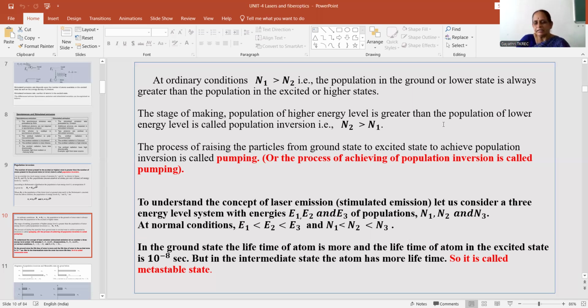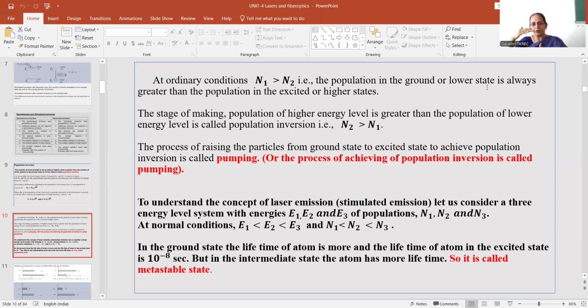In the ground state, the atoms have more lifetime compared to the atoms present in the excited state. But to achieve population inversion, we need an intermediate energy state.